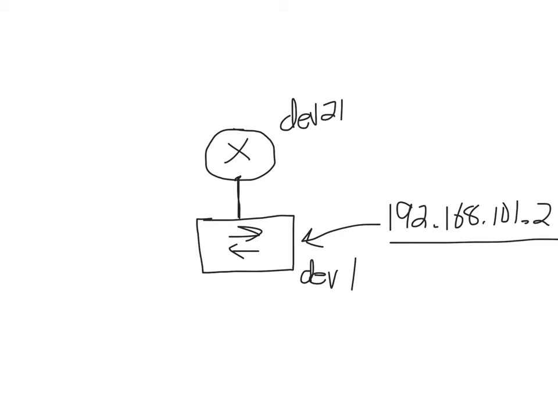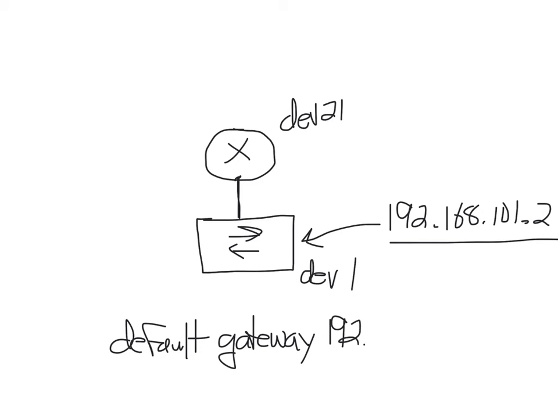Okay, but then inside this switch we also had a default gateway, which should point at a routing device, and that would be 192.168.101.1.